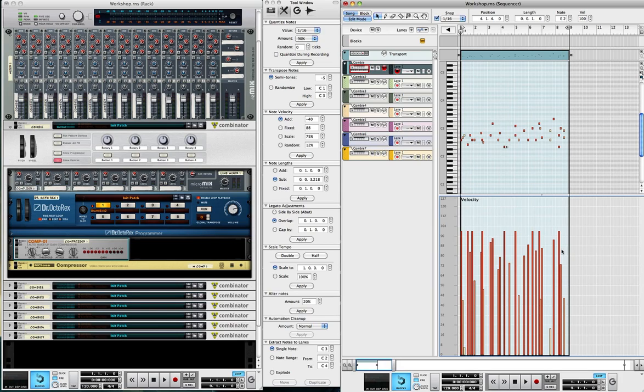Compression, without talking about uses, like with vocals or with drums or the bass, is a device that controls the dynamics of volume of an audio signal that passes through it.